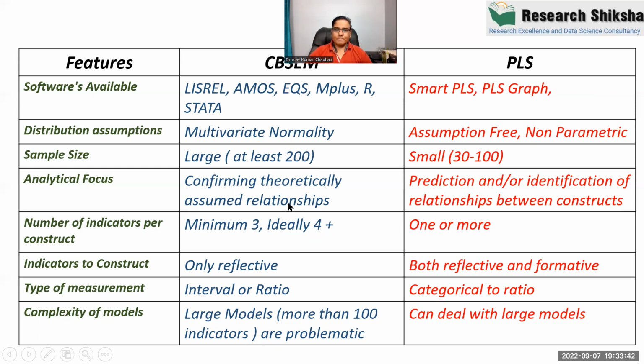So in case you have a small sample, this is one of the reasons for moving to PLS. Then the analytical focus. CB-SEM is used for confirming theoretically assumed relationships. If any relationship is coming from theory, like theory of planned behavior, theory of reasoned action, UTAUT model, then the scholars prefer CB-SEM. And PLS-SEM is for prediction.